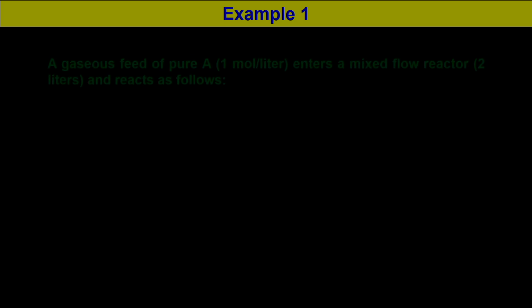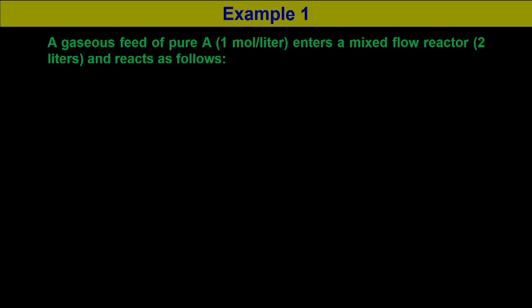Now, let us take an example of how to calculate the parameters for continuous stirred tank reactor design. A gaseous feed of pure A, 1 mole per liter, enters a mixed flow reactor having volume 2 liters and reacts as follows. So, this is the reaction 2A goes to R, where the rate of reaction is given as minus r A is equal to 0.05 C A square mole per liter second.